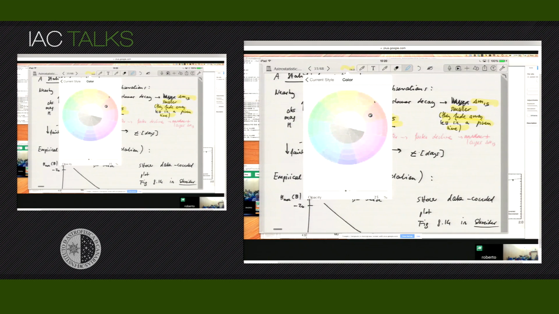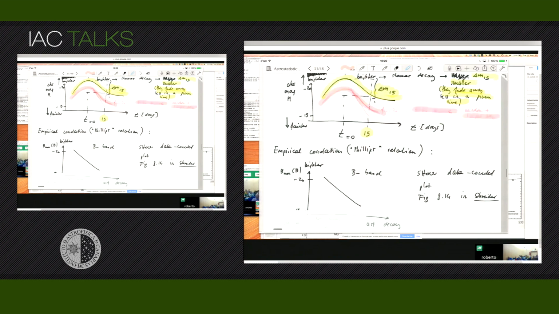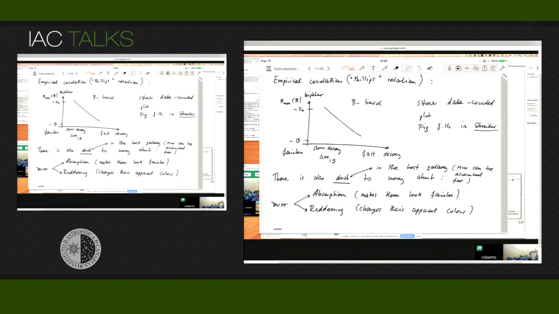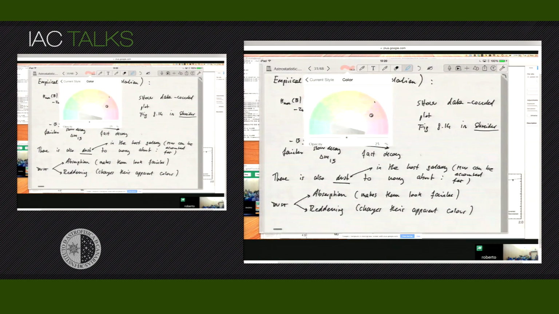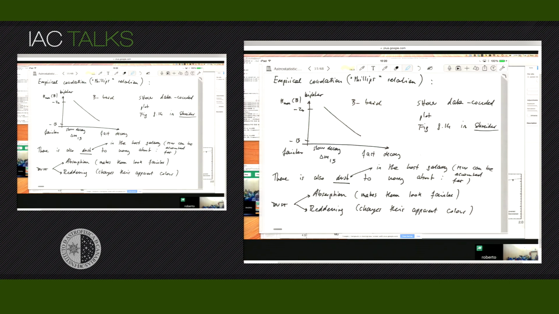I can even use a different color here. And vice versa, here, fainter objects, faster decline, larger delta M15. So in other words, we have this empirical correlation here, which is called the Phillips relation. The Phillips relation says that there's a correlation between V-band maximum intrinsic magnitude and delta M15.